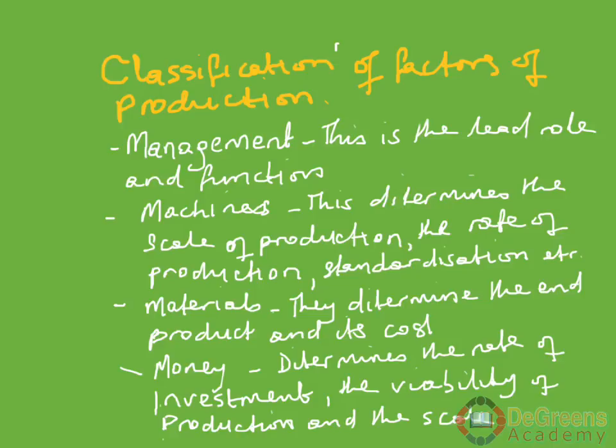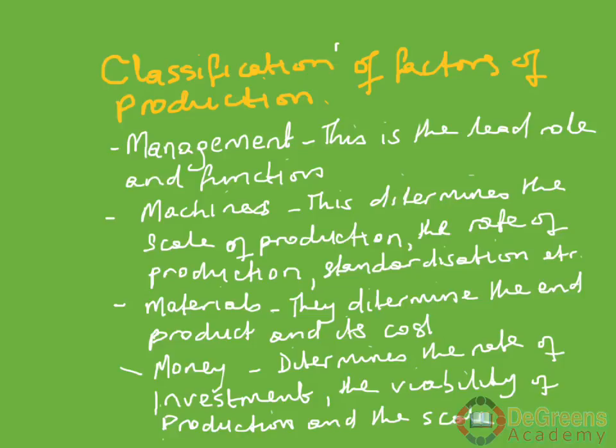It determines how standardized your good would be. So machines add a lot to production. Management itself is the head, it is guiding. The machines now bring in this aspect of quality and speed and standardization.